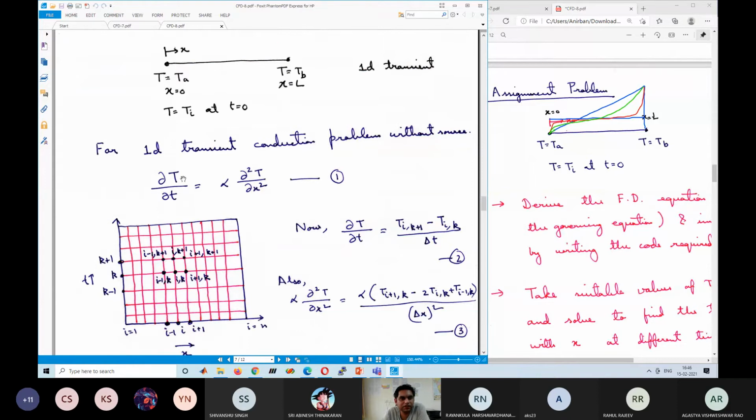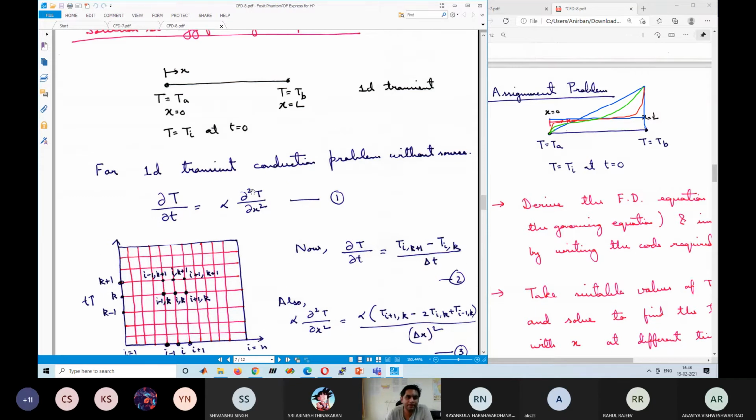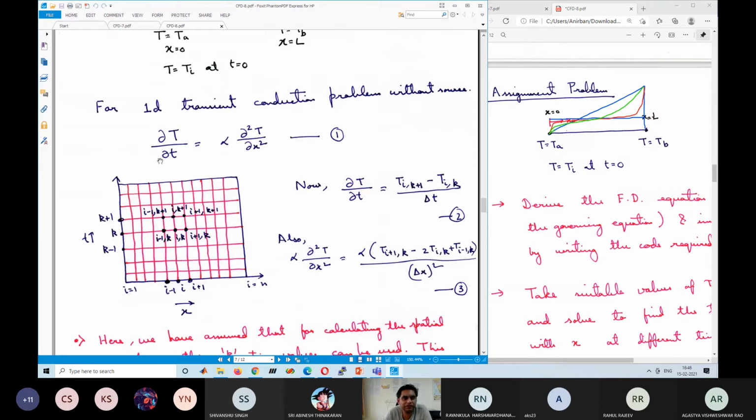It is rho Cp del T by del t is equal to K del square T by del x square. If you take rho Cp to the other side, you are left with alpha, thermal diffusivity. So del T by del t is equal to alpha del square T by del x square, where capital T is the temperature, small t is time, x is x direction. I hope this is very clear to everyone, because this is very basic heat transfer.